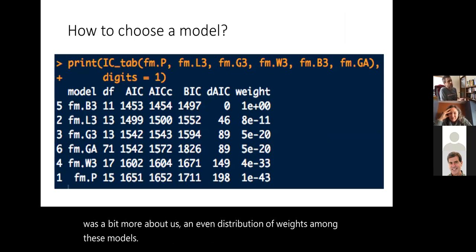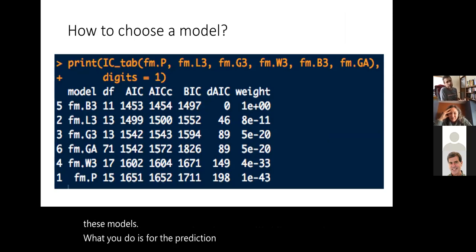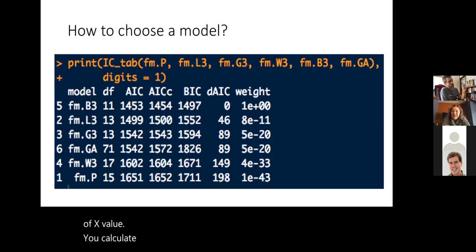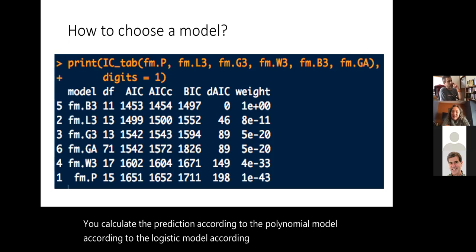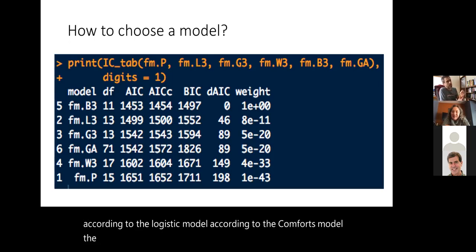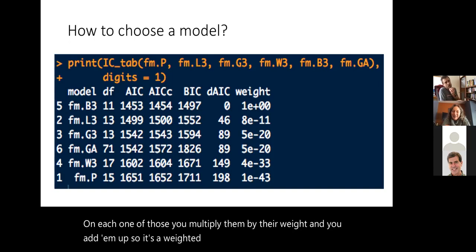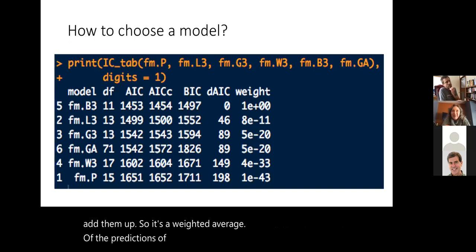What you do is, for the prediction at any one point across the X value, you calculate the prediction according to the polynomial model, according to the logistic model, according to the Gompertz model, the Weibull, the beta, the gamma, and each one of those, you multiply by their weight and you add them up. So it's a weighted average of the predictions of each model.